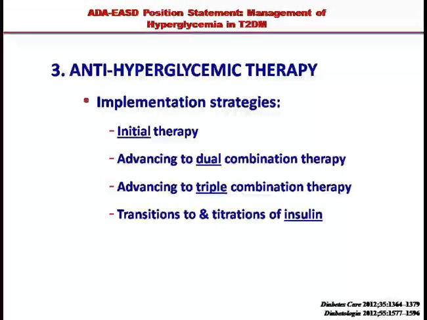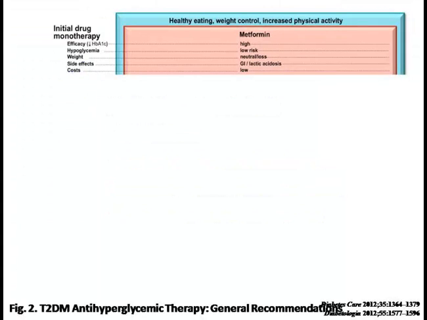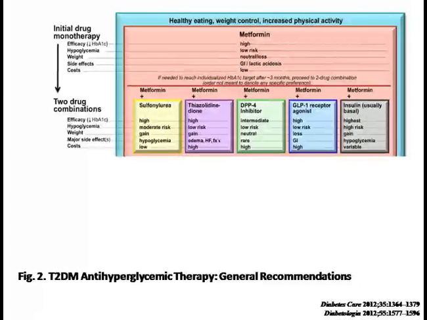So how to do that? The best thing is that when the diagnosis of diabetes is made, we of course will insist and request the person to stick to diet and lifestyle modification, and we'll put the patient on metformin from day one, and then we'll wait for about 2 or 3 months and see what his A1C lowering is. And if his A1C is more than 7%, we have a 2-drug combination.